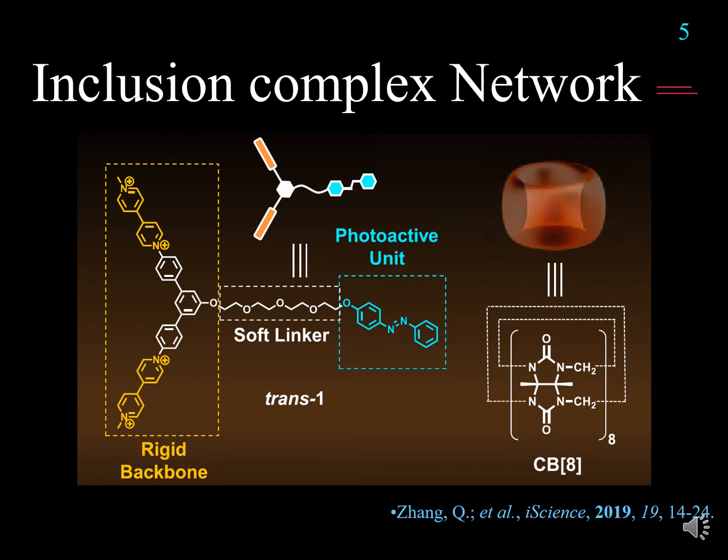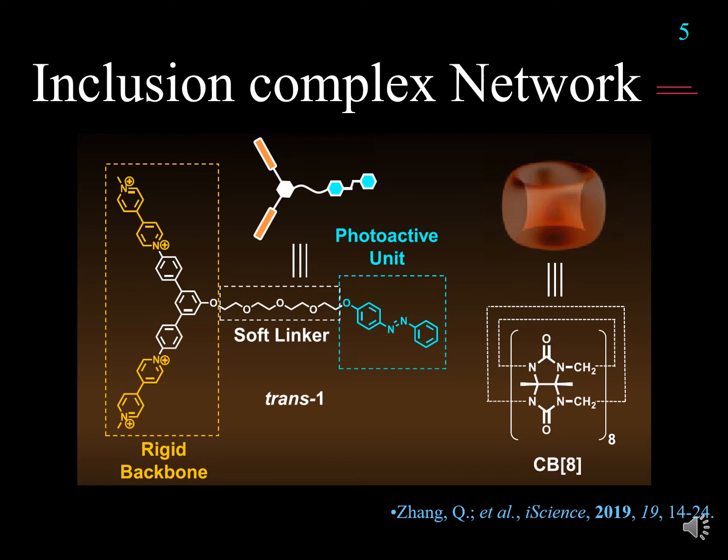And then they form a donut-shaped structure. So this is cucurbituril 8. Because we have non-polar parts in the center, they can trap non-polar molecules, and we call this an inclusion complex.